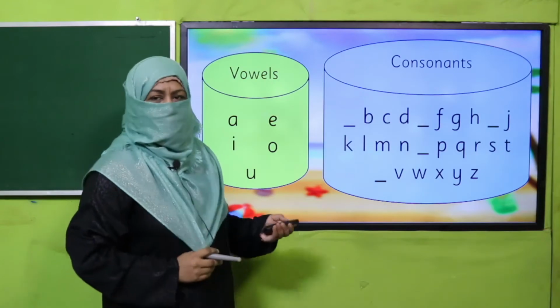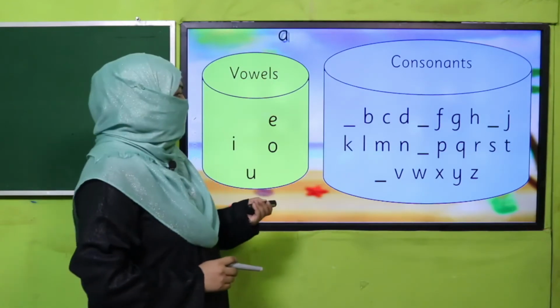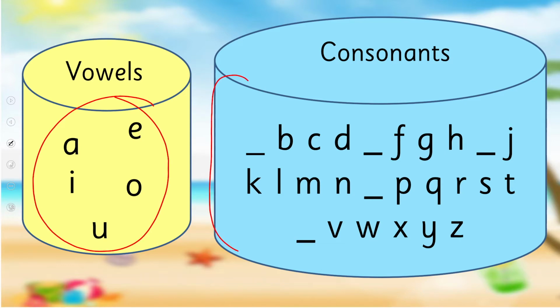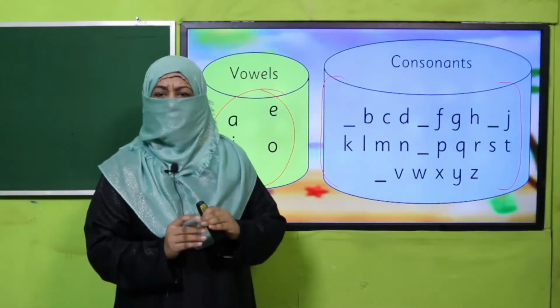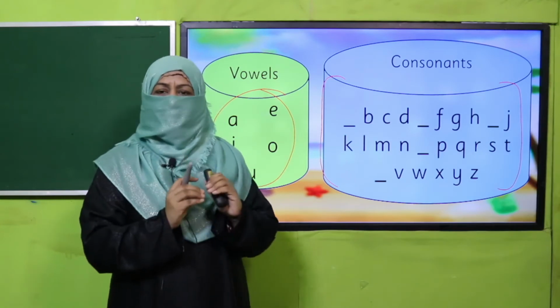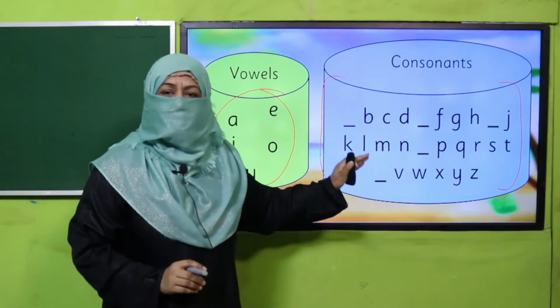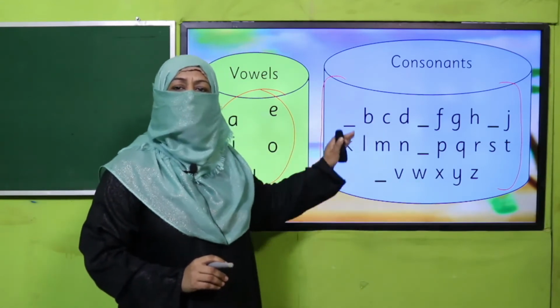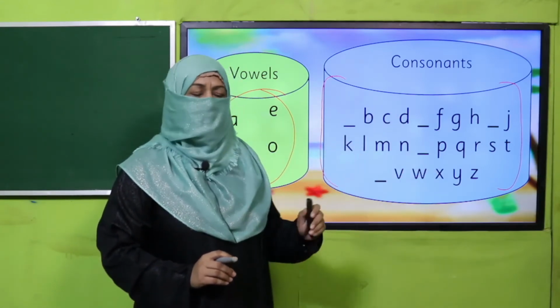When we take A, E, I, O, U out from all the letters, these 5 are vowels and the rest of these 21 are consonants. Remember, we have learnt about it. In total there are 26 letters in the English alphabet. When we take 5 vowels out of these letters, the rest 21 are consonants, right?